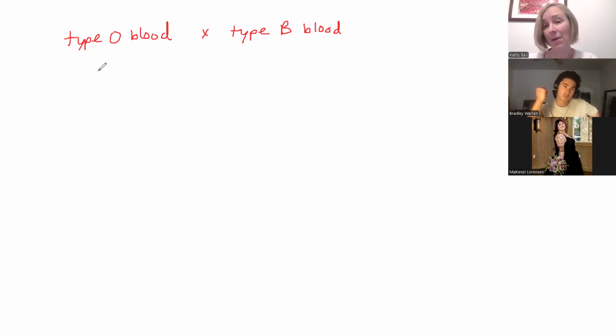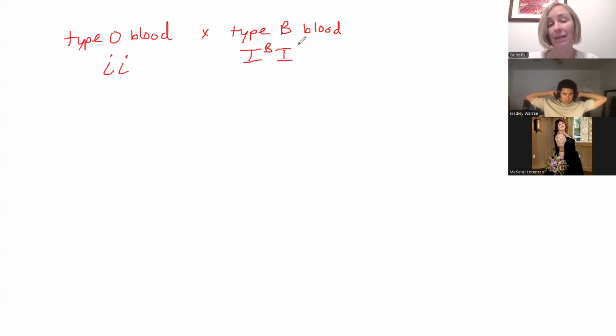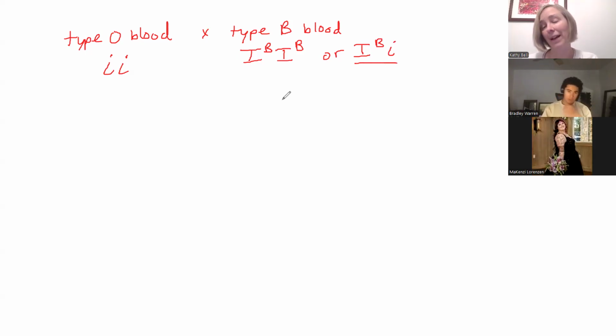Okay, so for type O blood, the genotype is always two little i's. And for type B blood, they could be two B's, or they could be a B and a little i. But let's just say that they're a B and a little i.